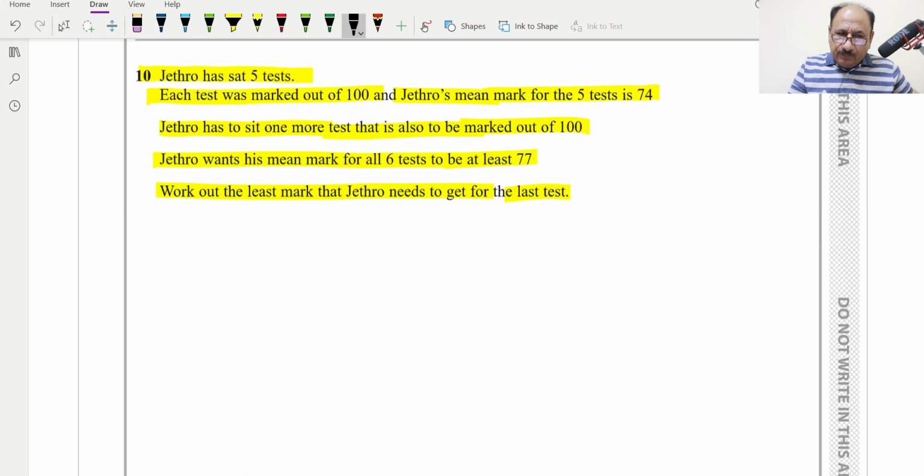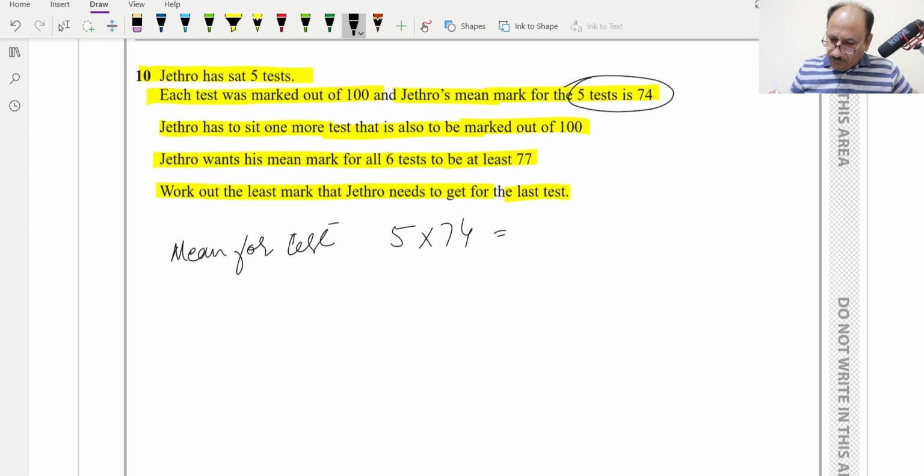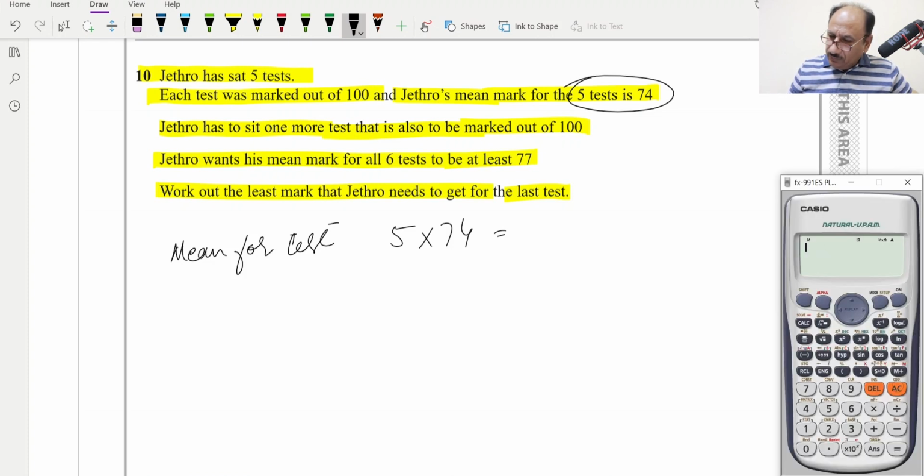So x, we can write for 5 tests. So mean for 5 tests is equal to, basically 5 into 74, and this will be the total score. So total score will be what? Total score will be 5 into 74 is equal to 370.